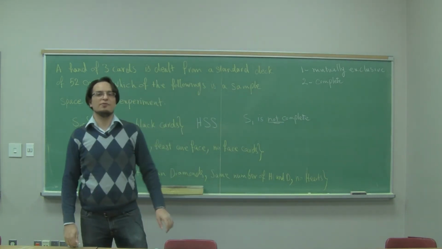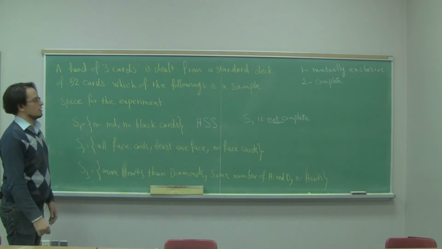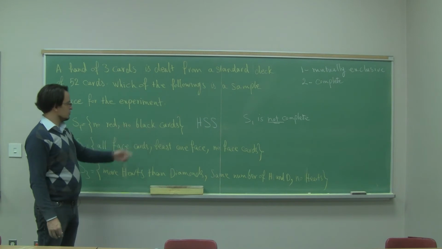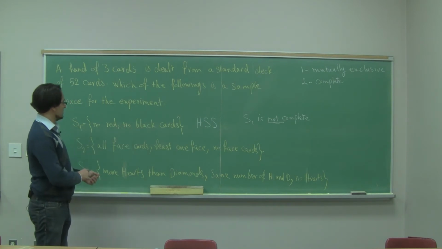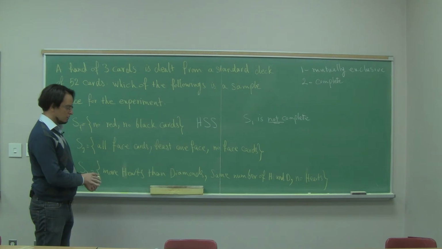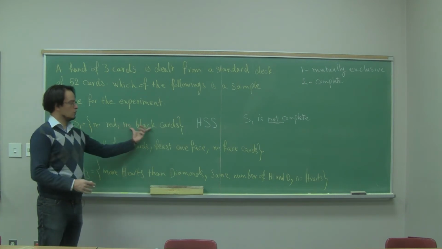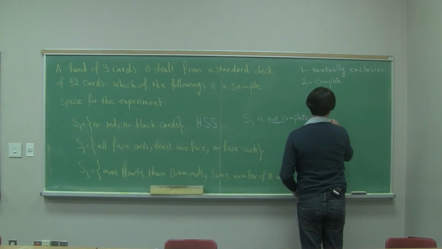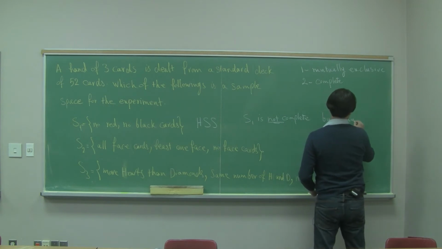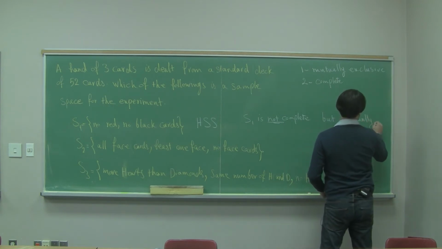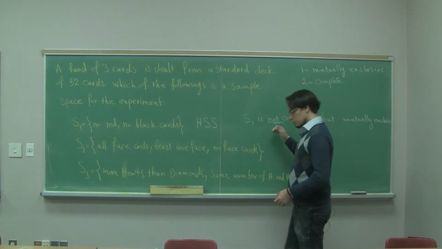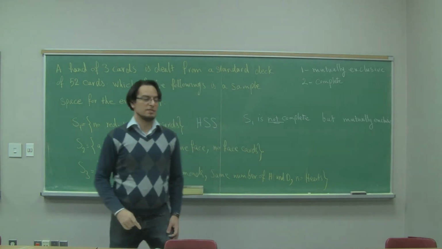But let's check if the outcomes are mutually exclusive or not. Is there any overlap between these 2? If I have no red, that means everything is black, so we cannot have this case. This is not complete, but those are mutually exclusive. So it's not complete, that means it's not a sample space.